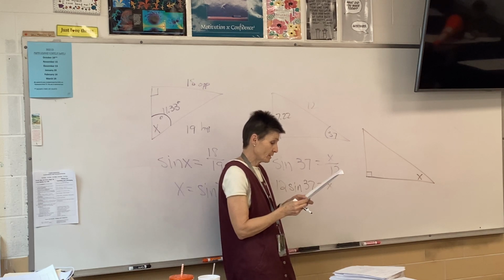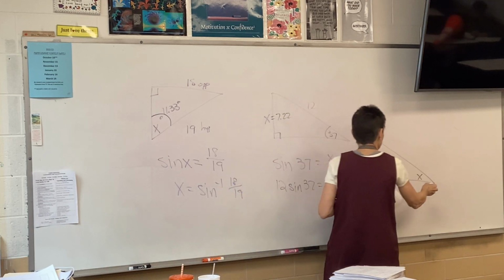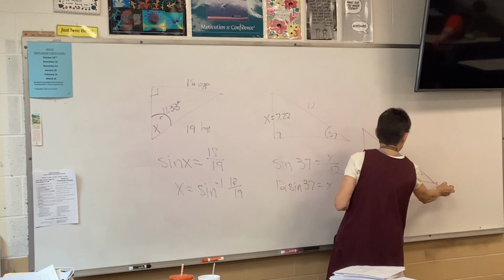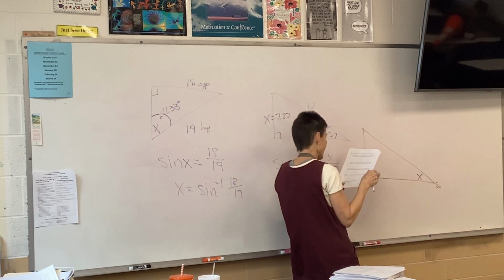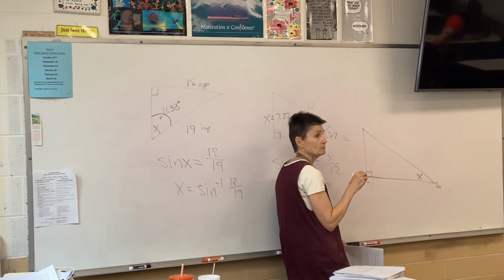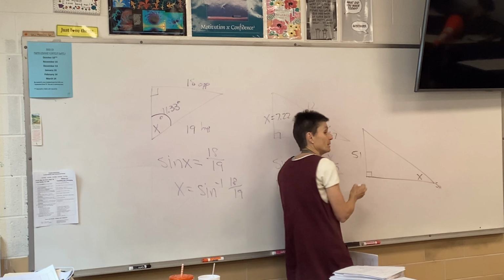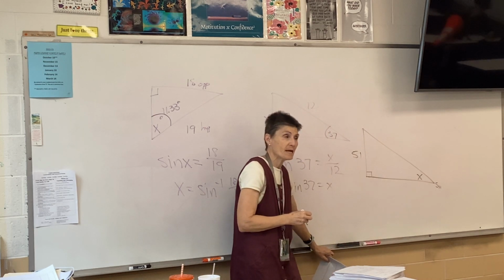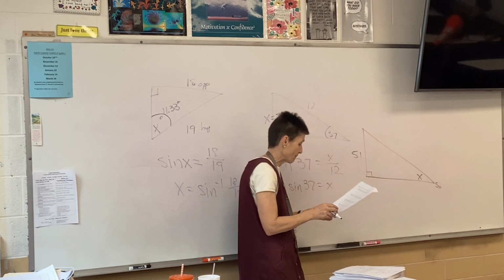A pre-cal student looking at the top of a building, so here's the student, right down here, looking at the top of the building, that is 51 feet tall. Okay, where does the 51 go? On the height of the building. That's the opposite side from the angle, right? That's how tall the building is.